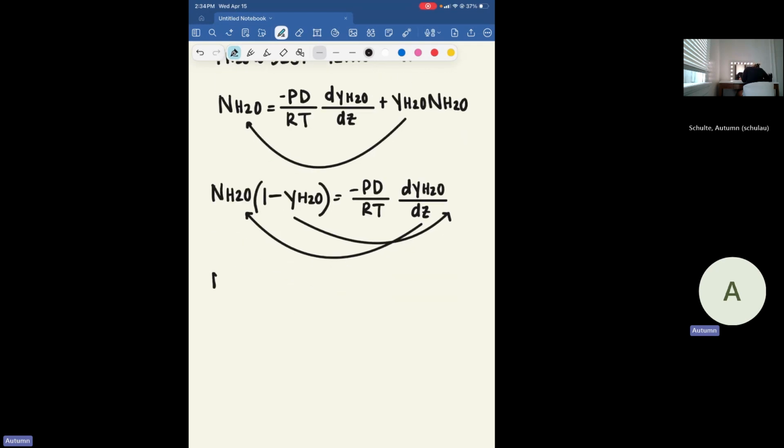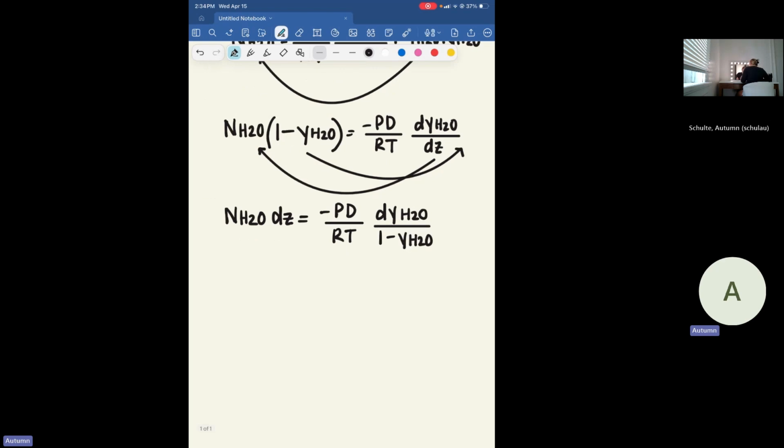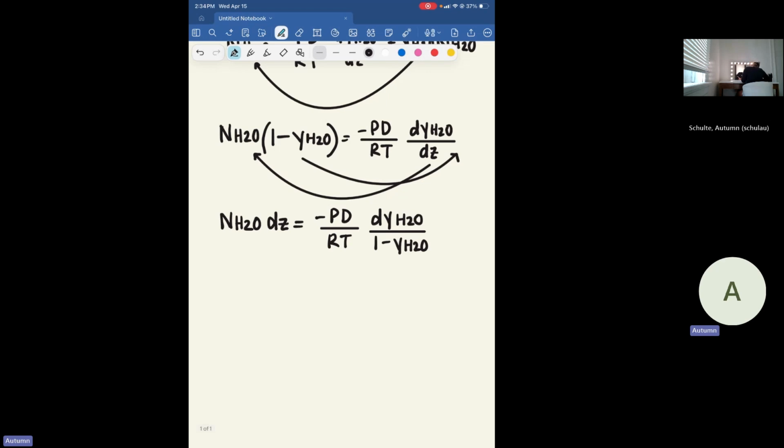So doing that, we'll have the molar flux of water multiplied by dz is equal to negative pressure times the diffusion coefficient divided by our gas constant R and temperature T, multiplied by the derivative of our mole fraction of water divided by 1 minus the mole fraction of the water. Now this is a separable differential equation that we can solve.